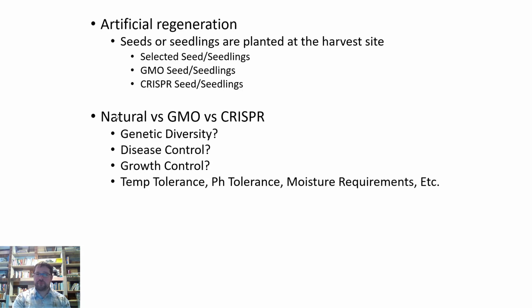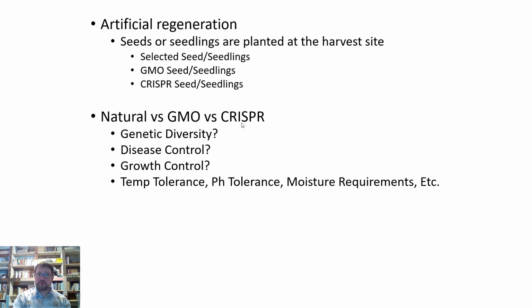That's kind of the important piece. If you're not interested in genetic diversity and actually want to limit it, so all the trees are uniform size, uniform growth bands, uniform everything, then you probably want to select a GMO or a CRISPR seed.